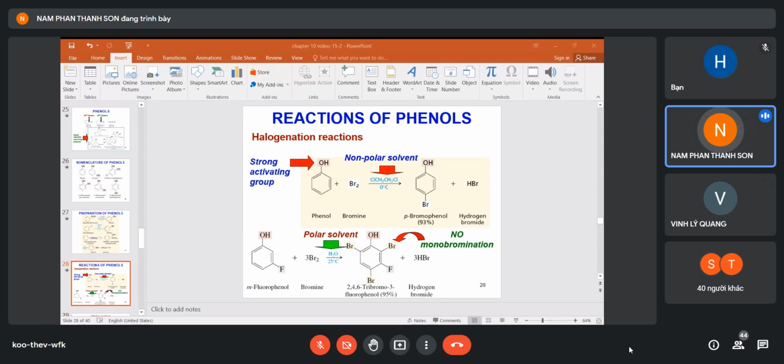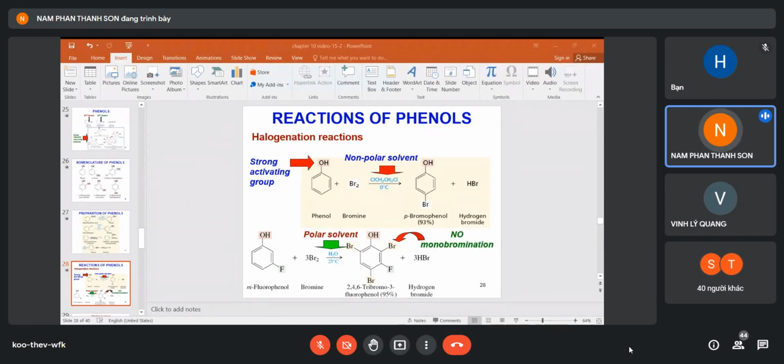Yes, teacher. Okay. The first reaction of the benzene ring is halogenation reaction. What is the catalyst, Vinh? AlCl3. Okay, Lewis acid, it could be AlCl3 or FeCl3, FeBr3. That is the first reaction.